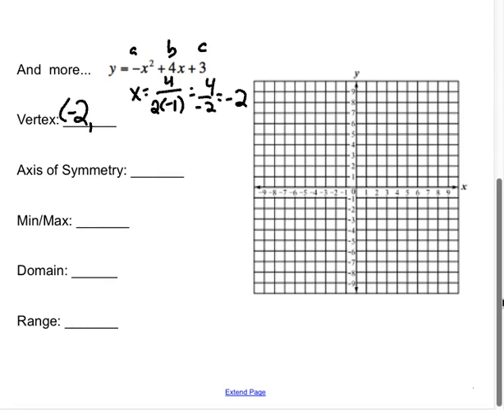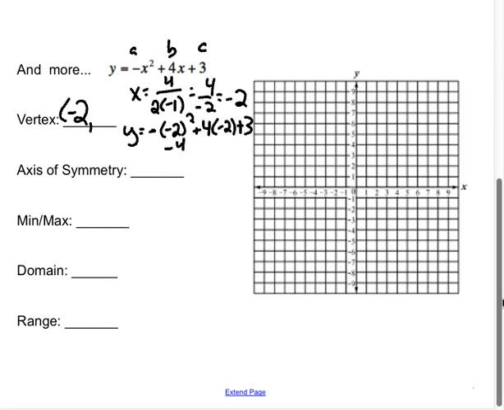And now I need to find the y value. So now I'm going to plug in that -2 into my function. So -2 squared is a +4, but then I still have that negative out front, so it goes back to being a -4.